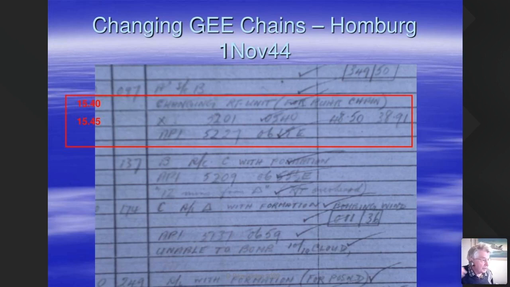But one of the interesting things about these charts is, and even taking these photographs and putting the presentation together, you see things you hadn't noticed before. Like if you look below, it says we're altering course for C with formation. And again, at C, changing course for the target with the formation.